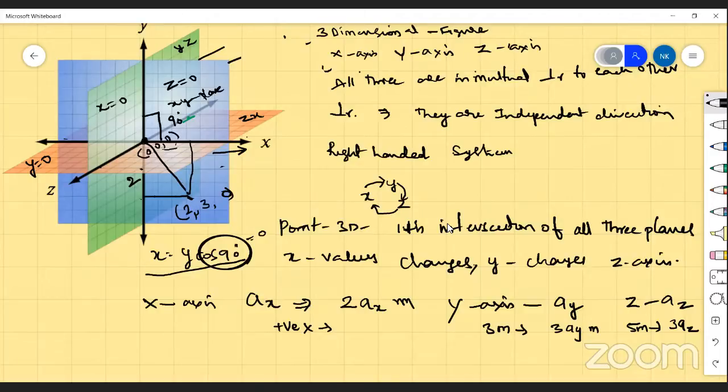So x, y, z. This is on y, minus 3, negative y-axis. So this is minus 3, and 2 units along x-axis. This is 2. And z is equal to 0.